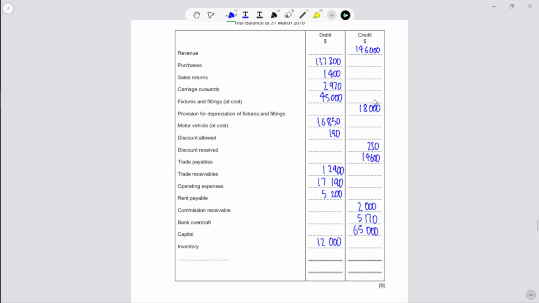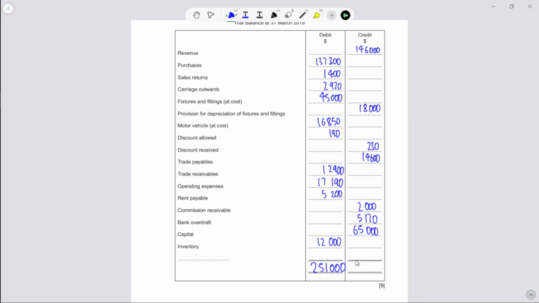Let's total the left hand side. You get 251,000.